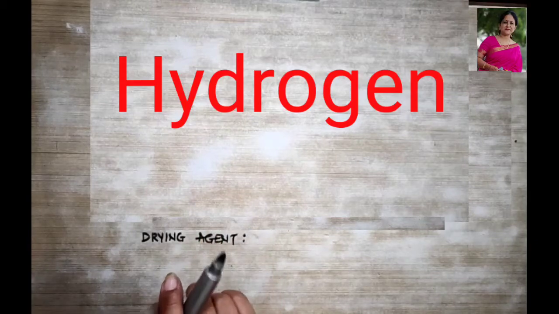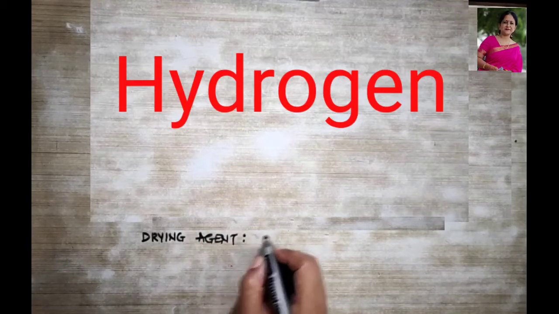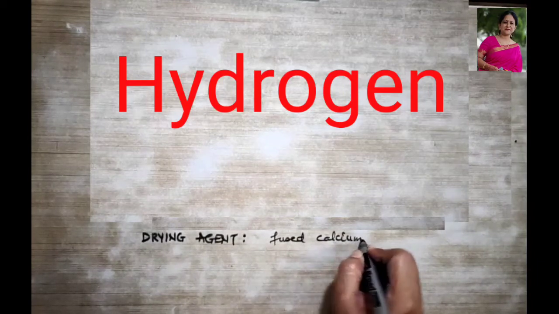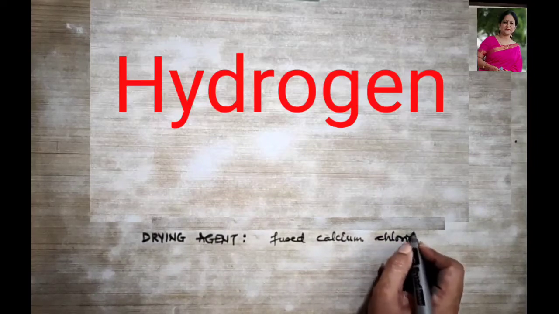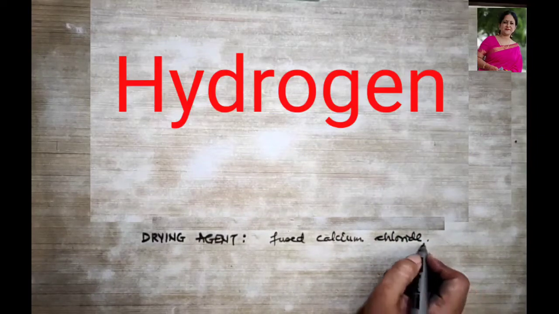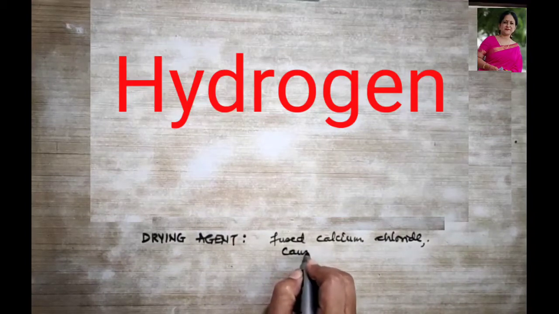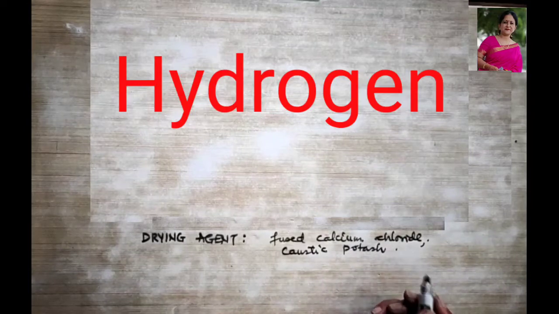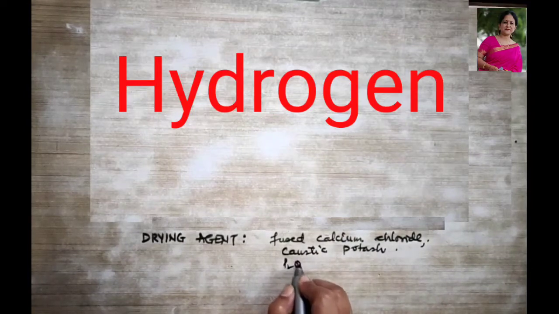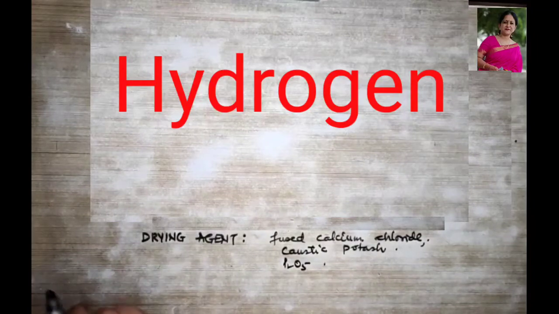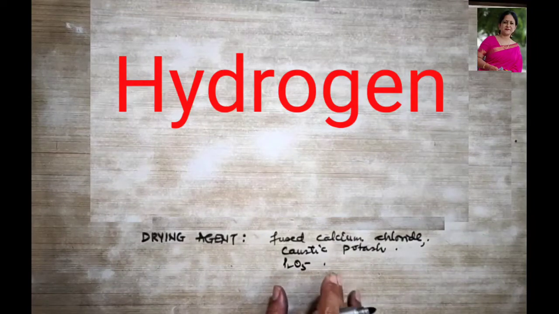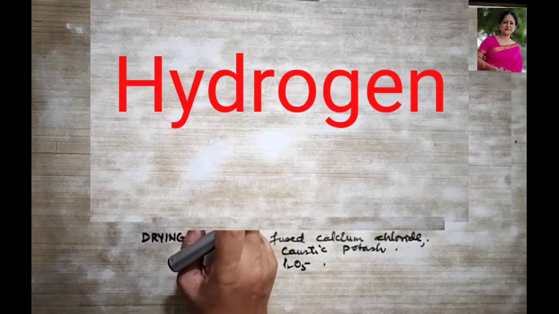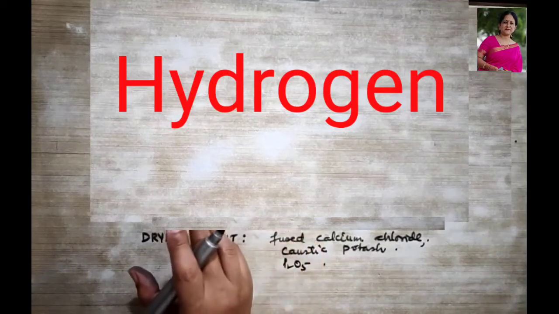We can use the common drying agents like fused calcium chloride, then caustic potash, or even phosphorus pentoxide, right?